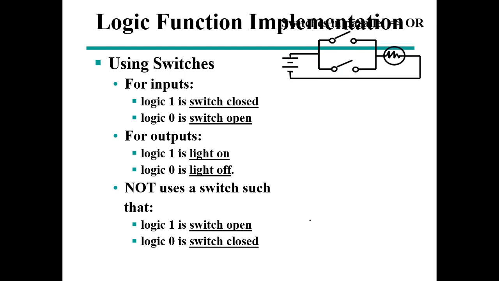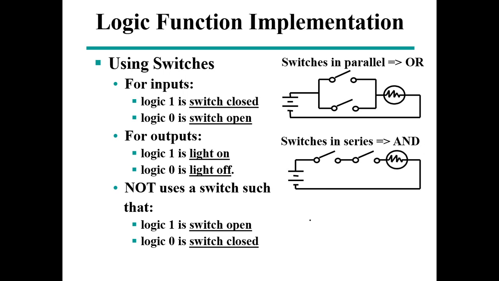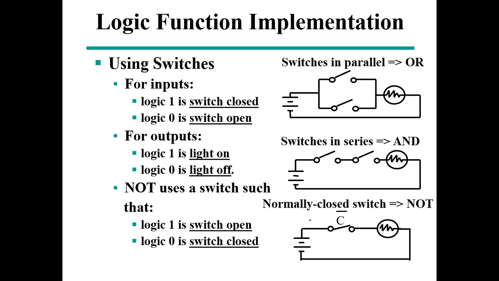So you can look कि ये this is OR, पैरेलल में दो switches हैं, एक भी on हो तो light on होगी. So this is how you can implement an OR function using transistors or switches. Similarly, this is an AND, series में दो switches हैं, light तभी on होगी जब दोनों switches on होंगे. ठीक है? And this is NOT.